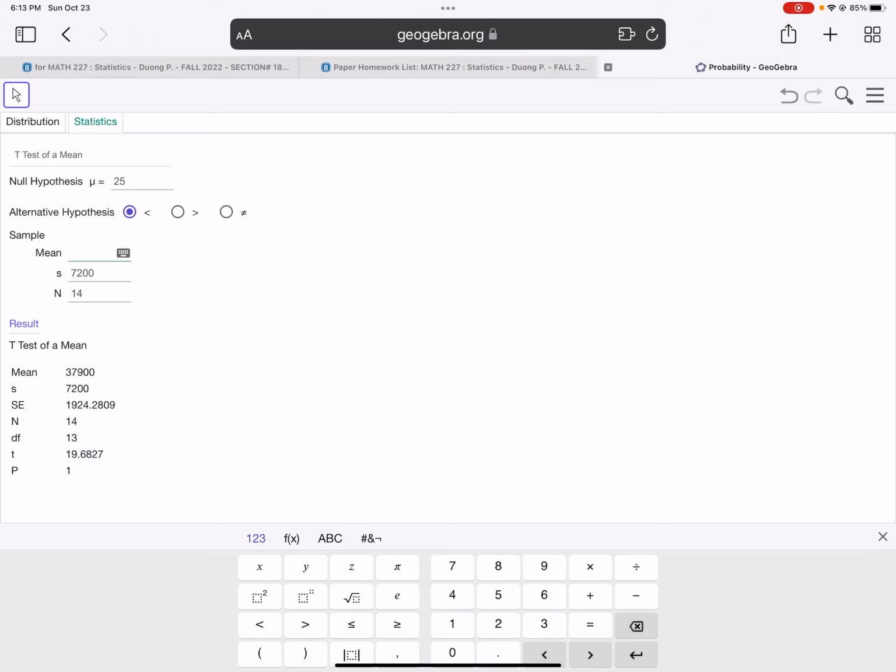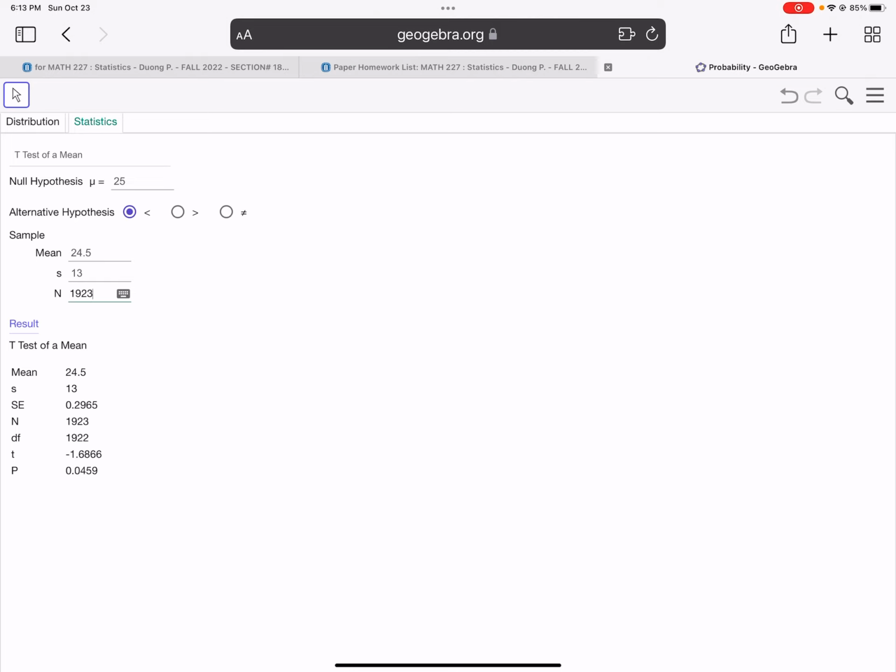The sample mean is 24.5, the standard deviation is 13, and n is 1923. So the p-value that we got is 0.0459, the same as in the last slide, and the t statistic is negative 1.6866. You remember we rounded to negative 1.687.